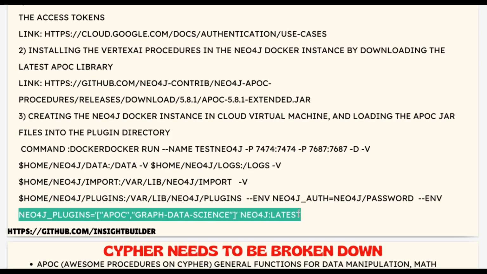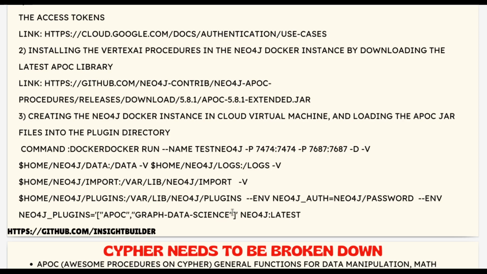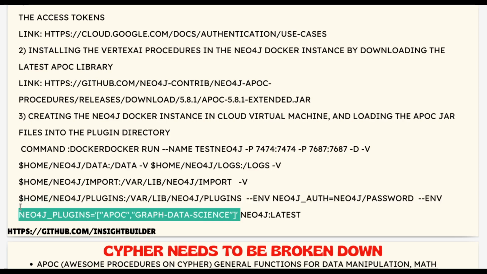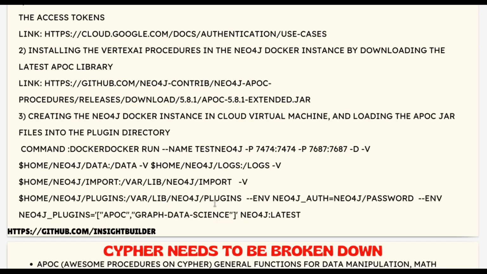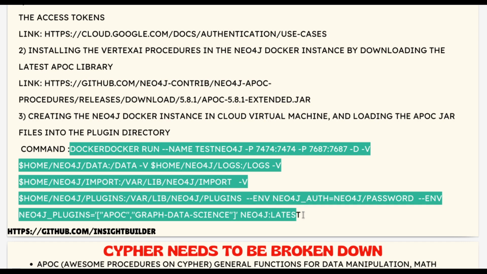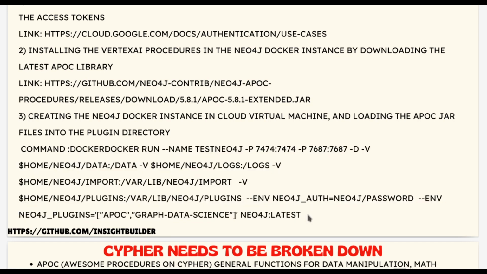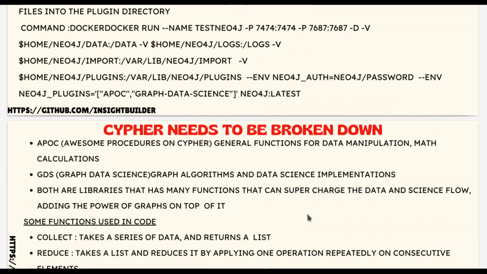So you can use this particular command, Neo4j plugins, APOC and Graph Data Science, and that will pull the necessary APOC and Graph Data Science modules into your Neo4j database. This entire command will create a Docker instance inside your laptop or inside your cloud instance. I'll be showing you how to do that. That is the next step.